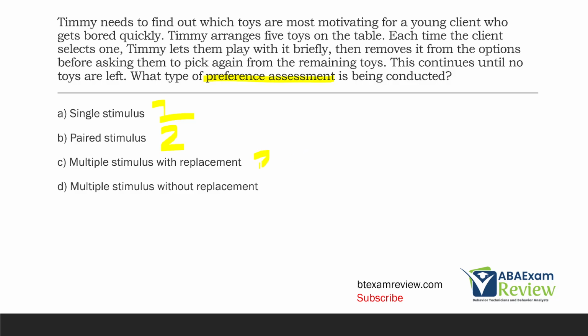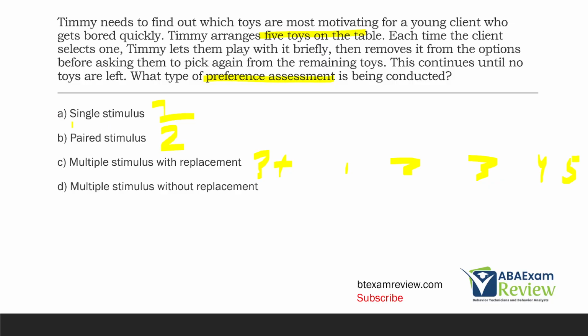And if it's 3 or more, it's typically multiple stimulus or some sort of free operant. Now in this case, Timmy is looking at 5 toys. So he's got 1, 2, 3, 4, 5 toys on the table, and he lets the child select one and then play with it briefly. So Timmy's assessing all 5 at once.